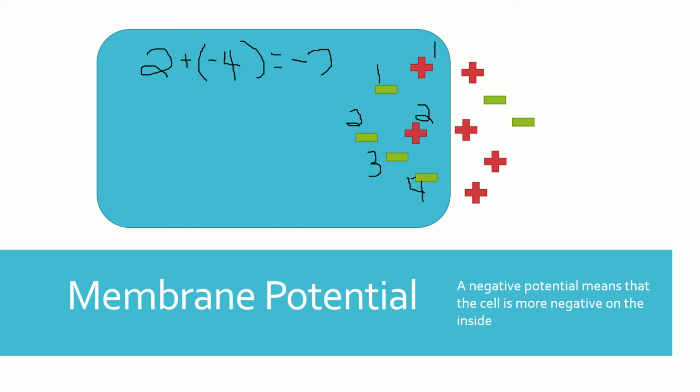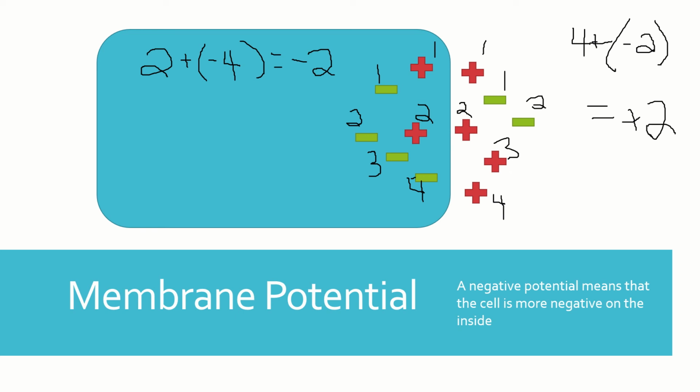That is a total charge of -2 just for this section here. And then we have 1, 2, 3, 4 positive ions on the outside of the cell, and we have 1, 2 negative ions on the outside of the cell, so that totals a +2.